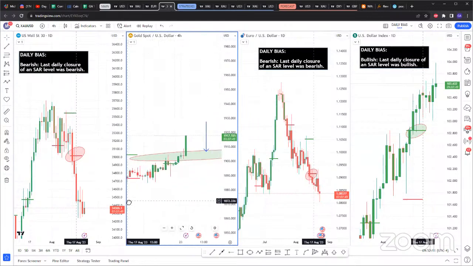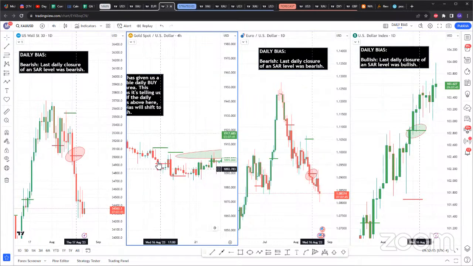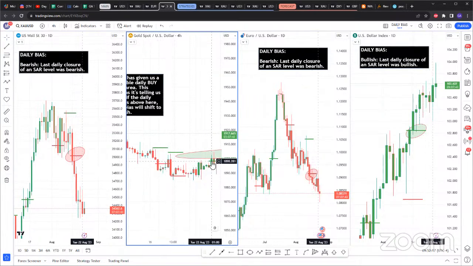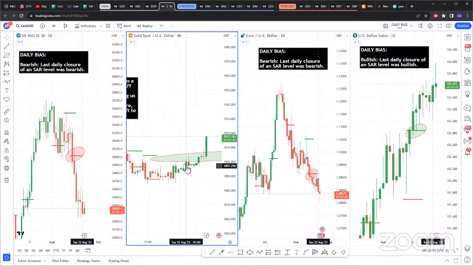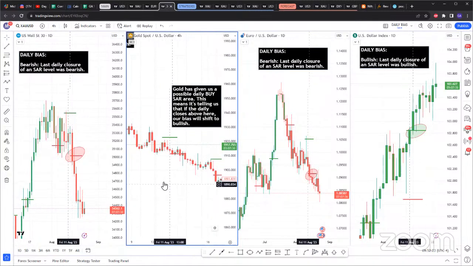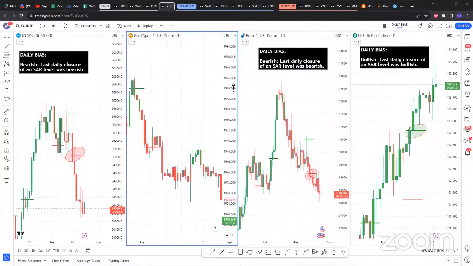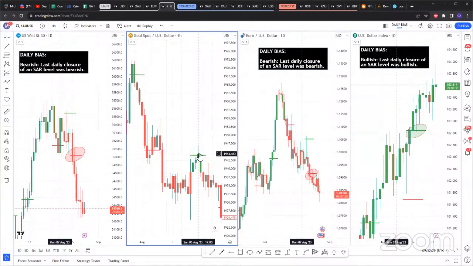So let's just ignore this one that just validated. I'll finish with that. So this whole time we were selling. Prior to this one right here, the most recent one on the 4-hour, is there any other time when gold closed above a 4-hour buy SAR? This was the only time it closed above, but you can see gold kept selling.